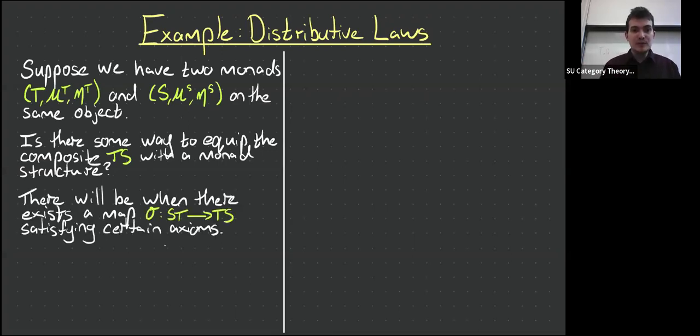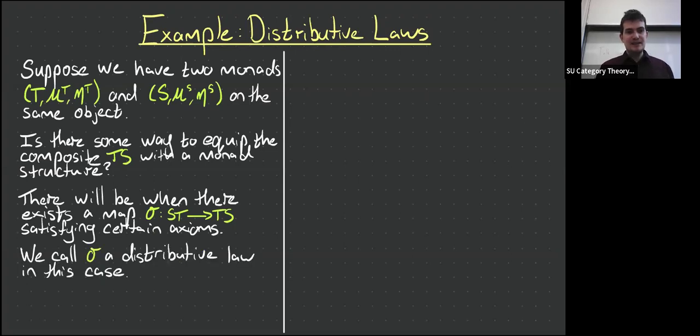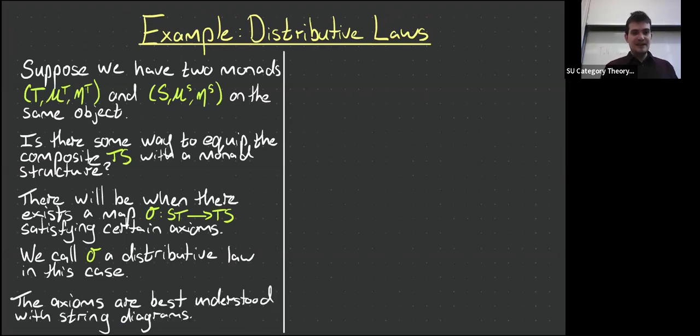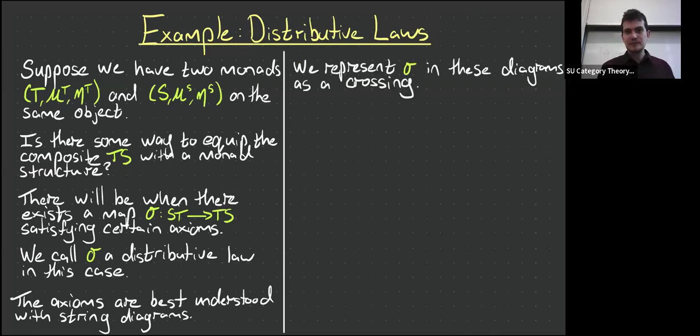This will be doable when there exists some map, this map sigma, which goes from ST to TS, and it satisfies certain axioms. I'll get to those axioms in a minute. For now, we call sigma a distributive law when it satisfies all of these things. So let's see what the axioms look like as string diagrams.